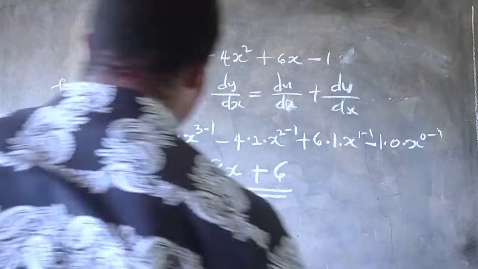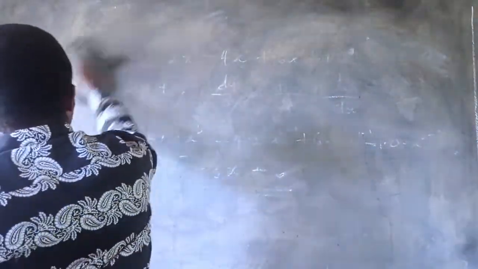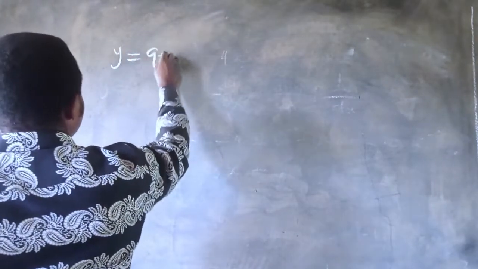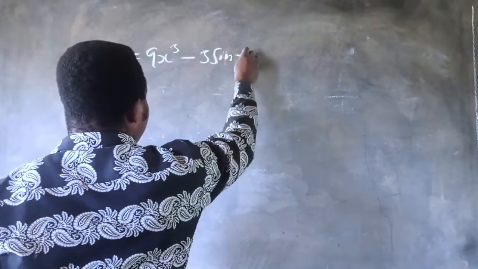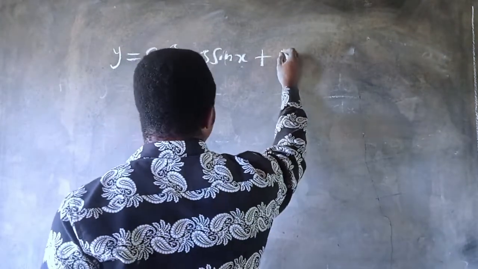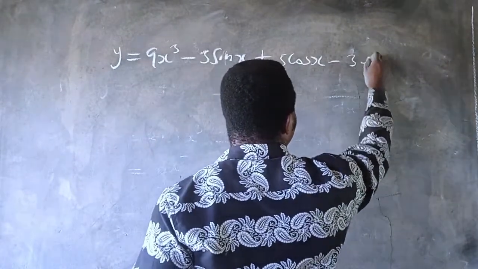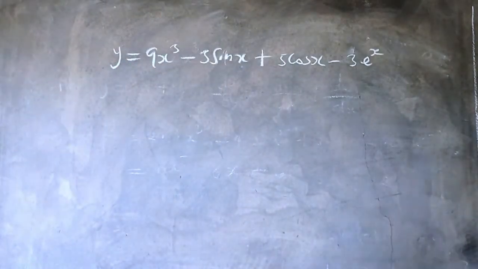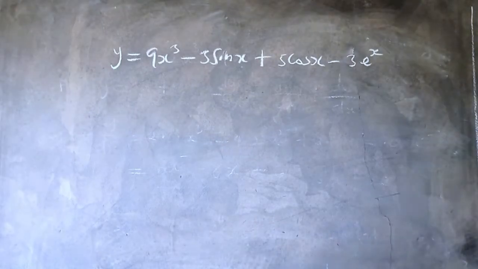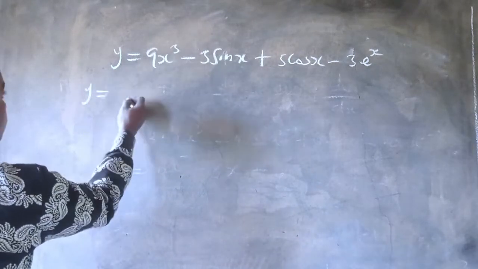Okay, let's go on and see another problem. On this problem, we are going to need different standard derivatives because the components of these functions include trigonometric functions, exponential, e to the x function, etc. So y equals 9x raised to power 3 minus 3 sin x plus 5 cos x minus 3e to the x.